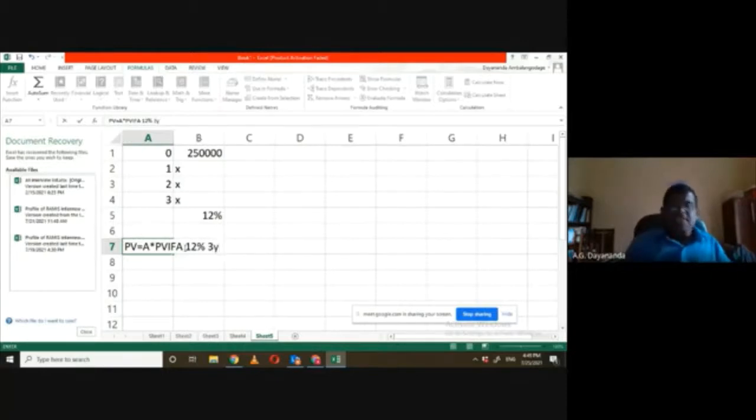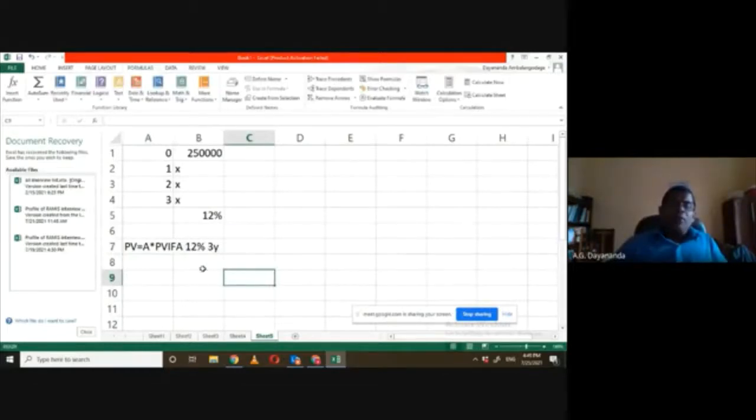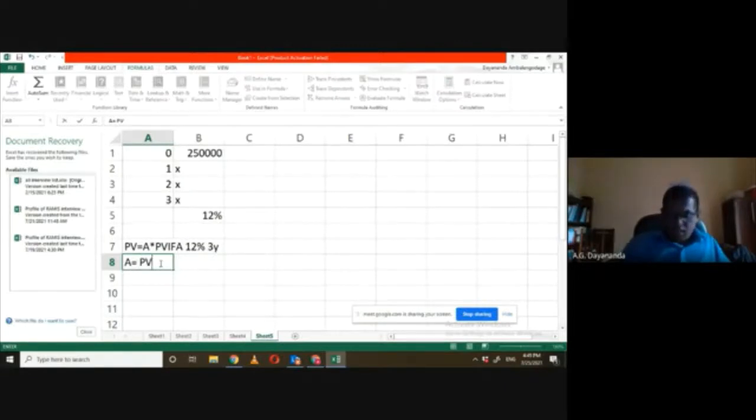This is the way of writing. So what we have to do is calculate X, which means the annuity A. We don't know A. So A is equal to the present value, that is the amount borrowing, divided by the PVIFA for 12% for 3 years.